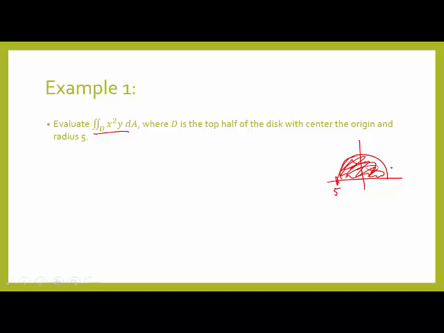This means my equation is x squared plus y squared is equal to 25. But I don't even have to write that down, because all I really care about is what are my limits going to be. And what are my limits going to be? What's r going to go to? From where to where? 0 to 5. That's the radius, right? Theta goes from where to where? 0 to pi.